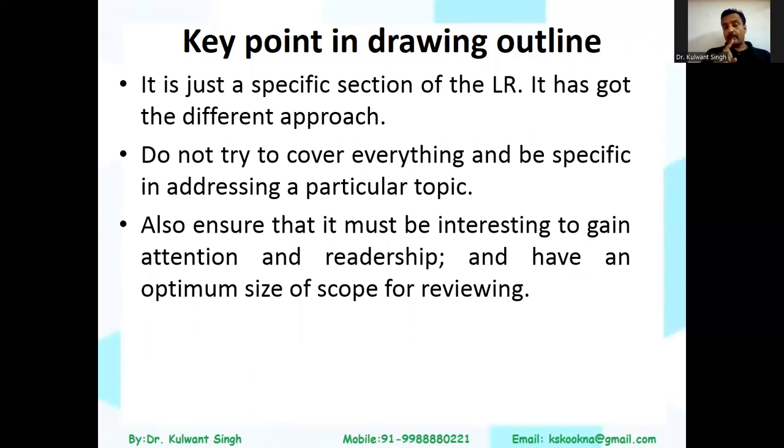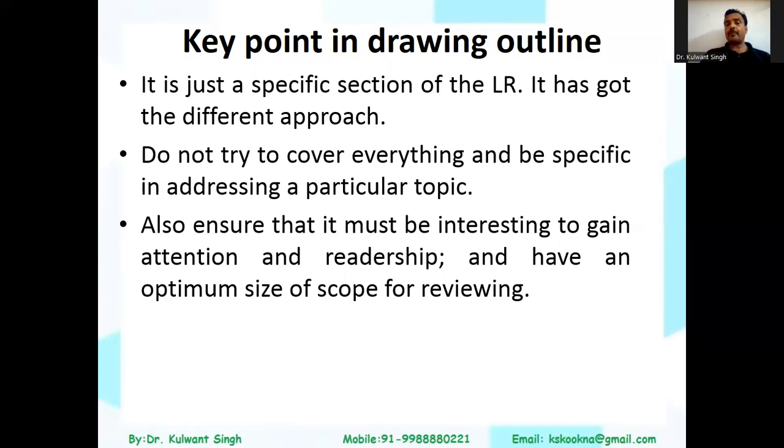So we have to keep in mind the readership, meaning who the audience of our article are. The first audience is the editor, then the reviewers, and then the other researchers of the particular domain. So what do they want, what are they willing to see in your article? So add something interesting for them.